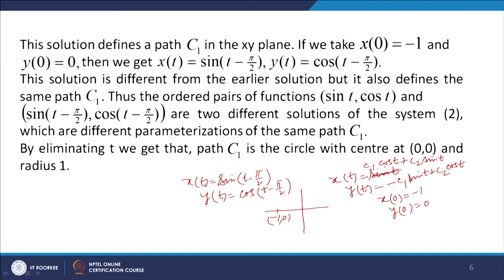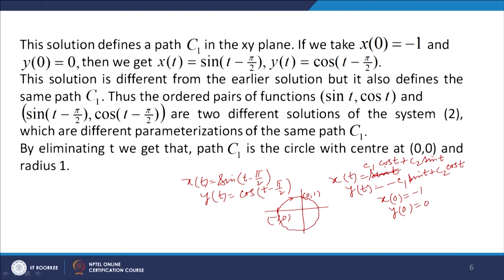And then when t increases from 0 and goes up to pi by 2, sin 0 is 0, so x at pi by 2 is 0, and y when t is pi by 2 gives 1. So we are moving in this direction and reach the point (0, 1), and then we have this clockwise direction.